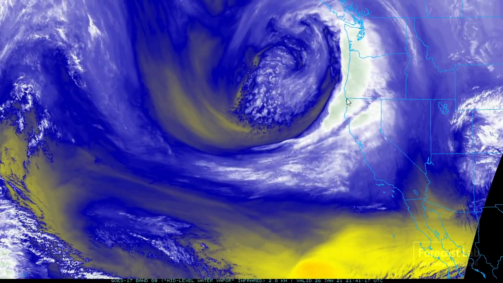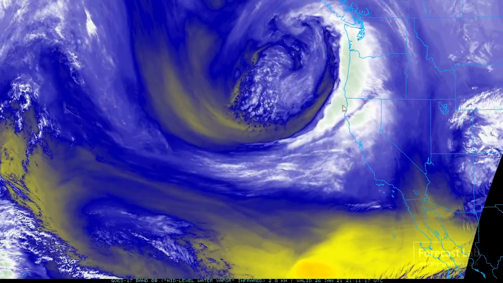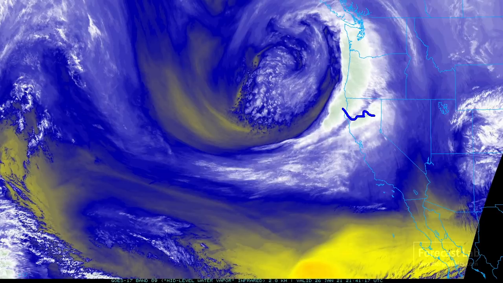Now, one of the features that you notice here is a very extensive stratiform region that's going to be located right in here. Typically that's associated with the strong warm air advection, and that often tends to be north of the warm front. So already I'm thinking maybe a warm front kind of running like that. And then the tail end of that comma tends to correlate with the cold front.